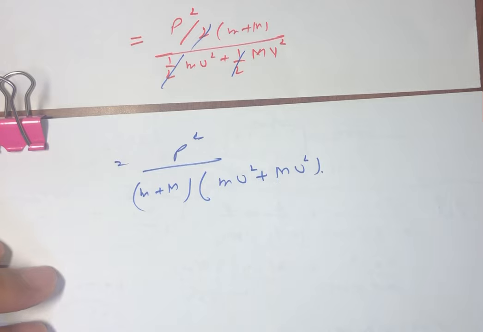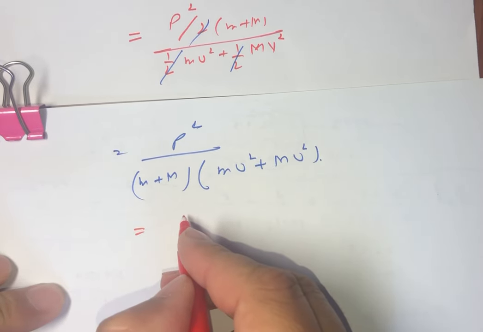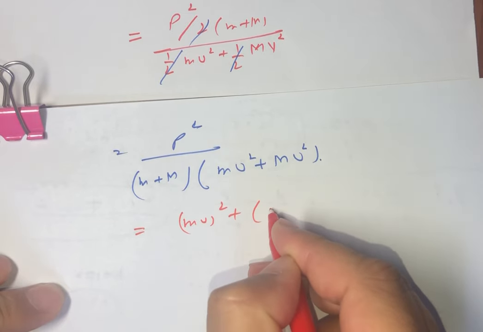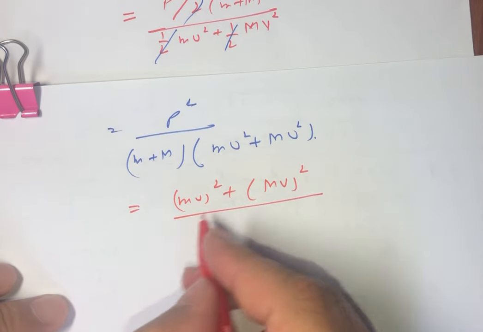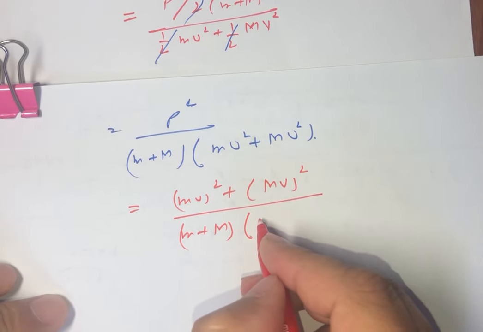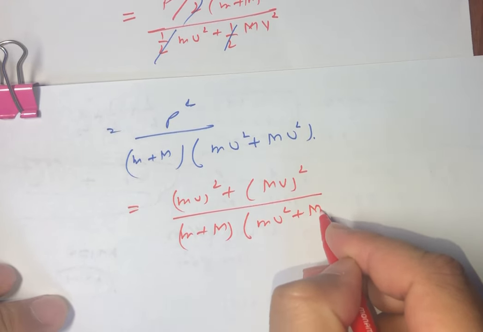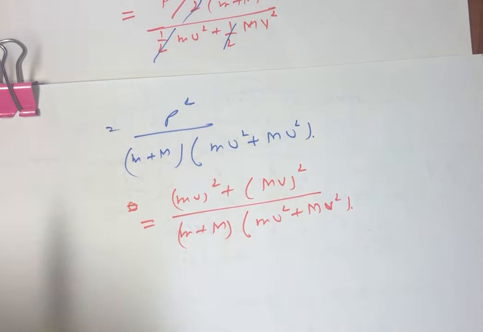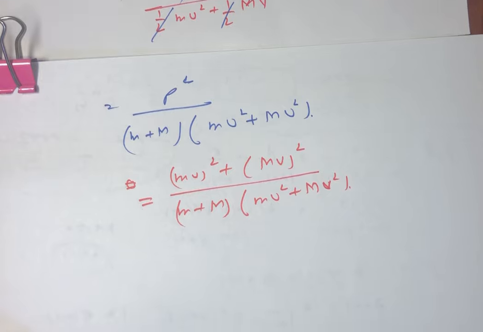We can write this as (mv) whole square plus (MV) whole square divided by (m plus capital M) times (m v square plus capital M V square). So this is the fraction of initial kinetic energy transformed into heat energy.